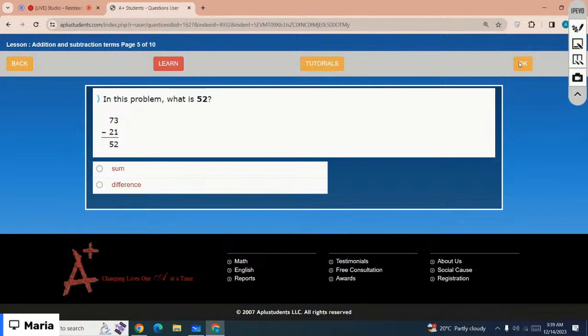That is the difference because you are subtracting two numbers. So 52 is the difference, the correct option. Difference.